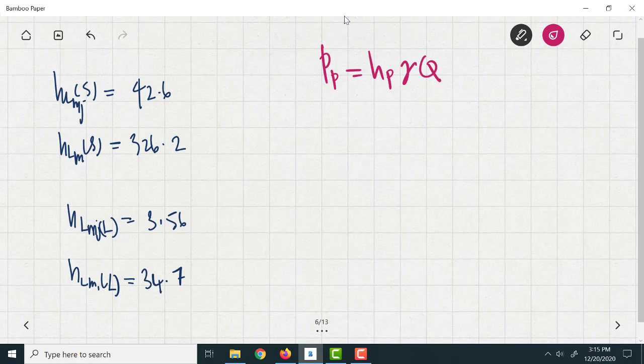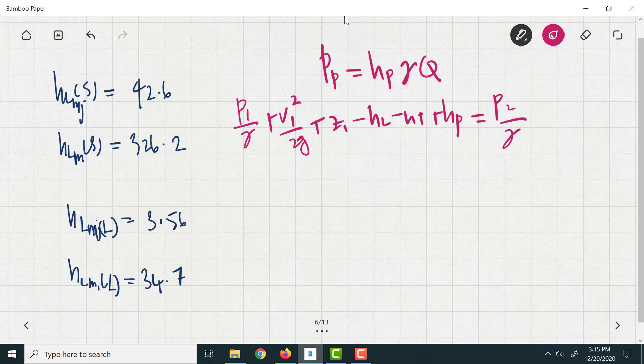So how do we find the head pump? From the energy equation: P1 over gamma plus V1 square over 2G plus Z1 minus HL minus HT plus HP equal to P2 over gamma plus V2 square over 2G plus Z2.